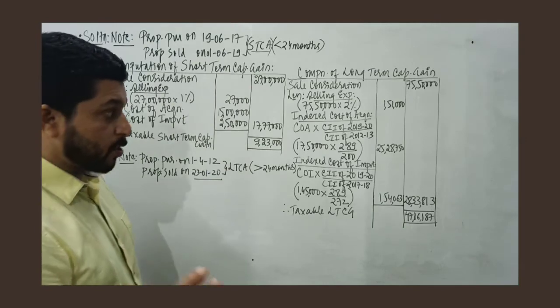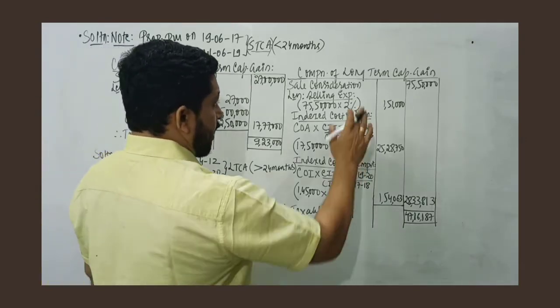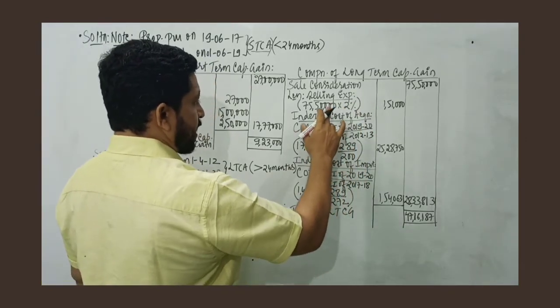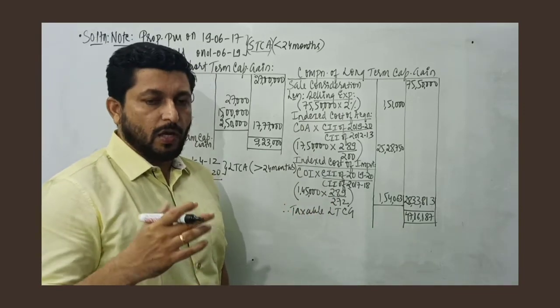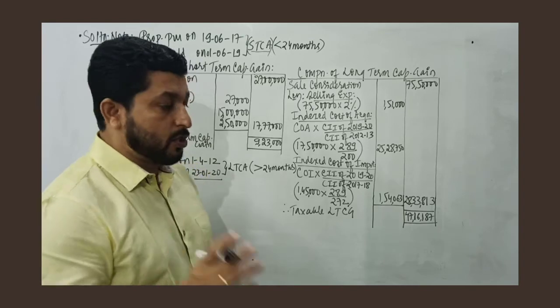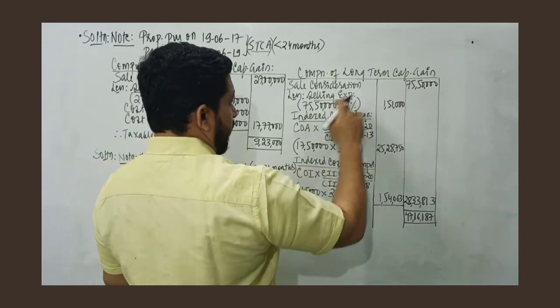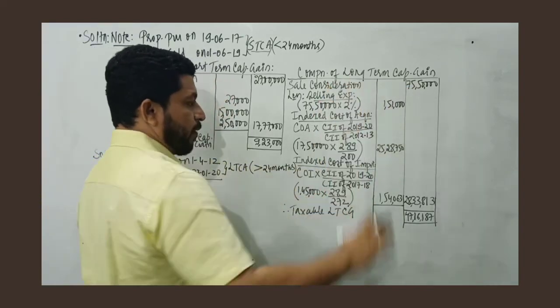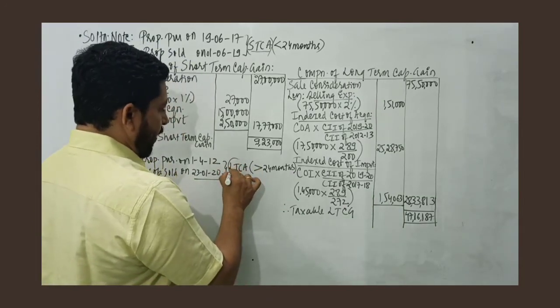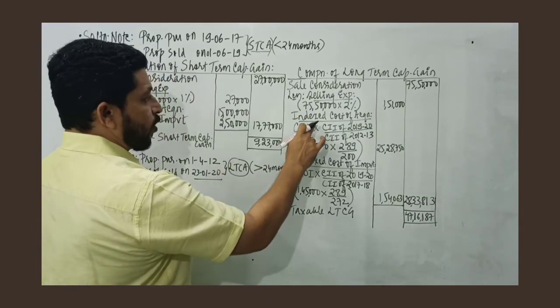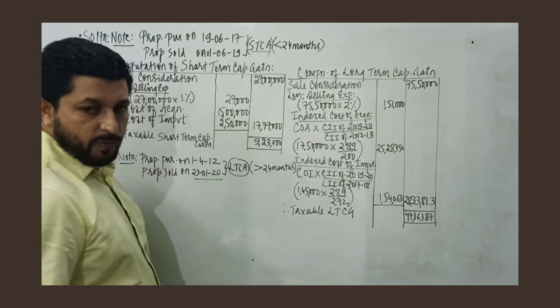So let's go through this particular problem quickly. Sale consideration is given. Selling expenses is given as a percentage, 2%, and selling expenses is always calculated at the given percentage on the sale consideration. So 75,50,000 into 2% will be 1,51,000. Now since this is a long-term capital asset, we are going to index the cost of acquisition.